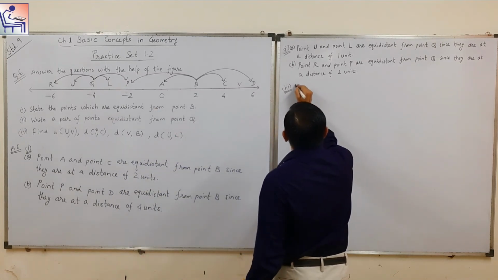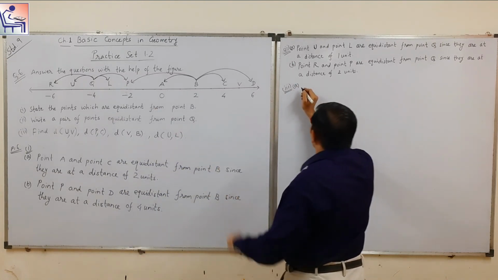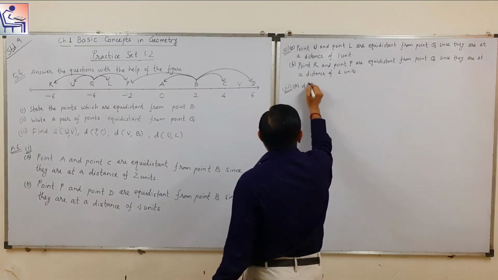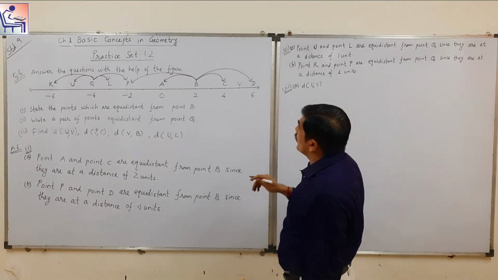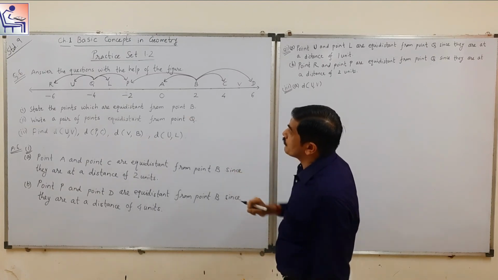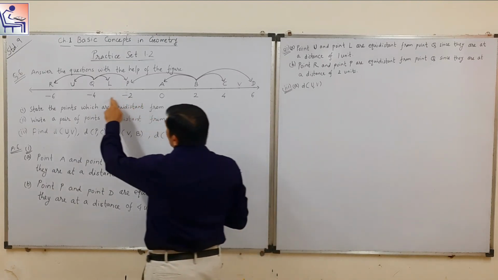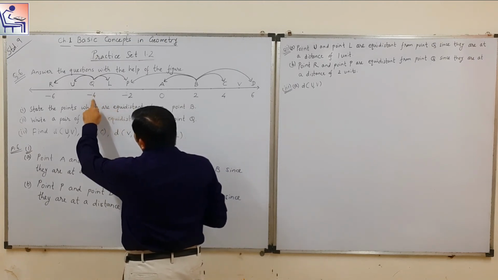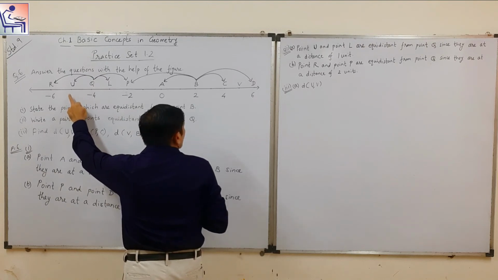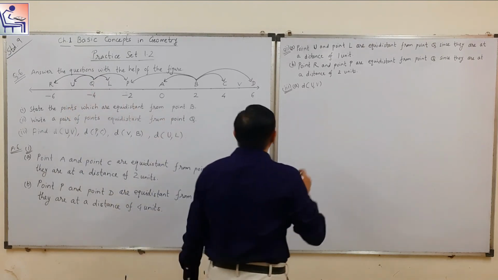So here the first question I will say A, distance UV. So please find out the coordinate of point U. If it is -2, then -3, -4. Here we can assume -3, -4. Then the coordinate of point U must be -5.